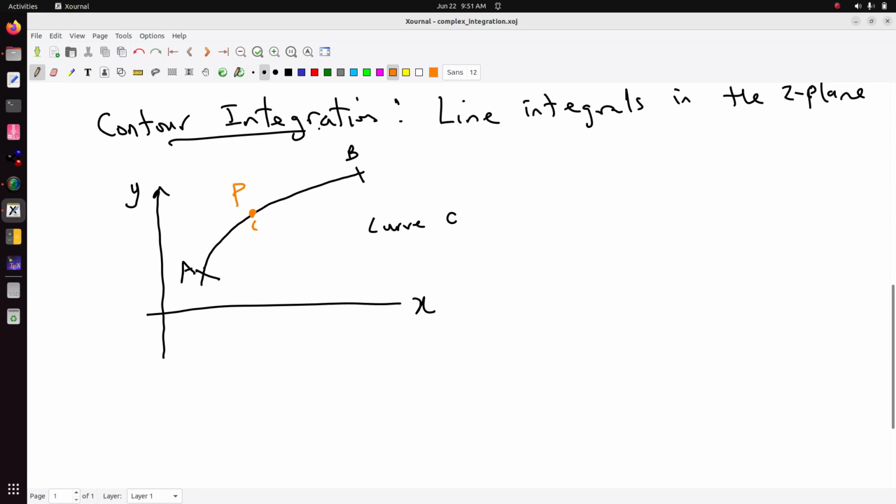Okay, and the value at this point depends on the complex variable.